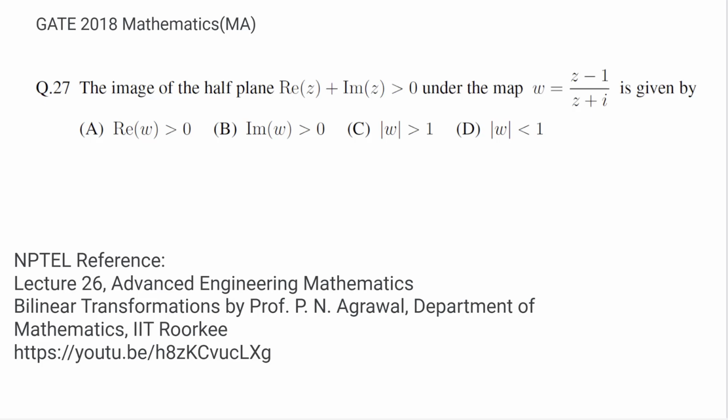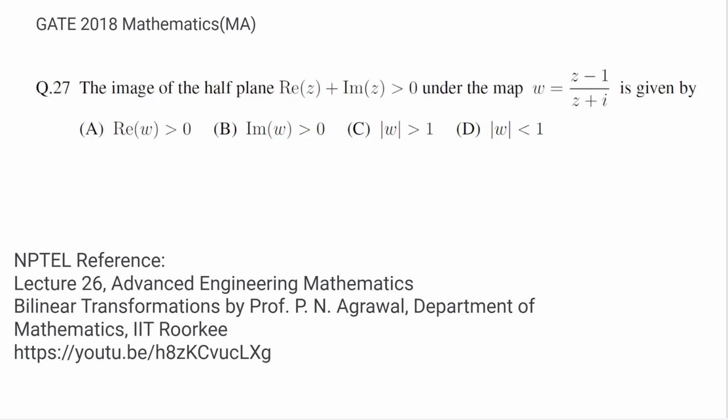And of course, that complex number z equal to 1 satisfies the given condition, real part of z plus imaginary part of z greater than 0.